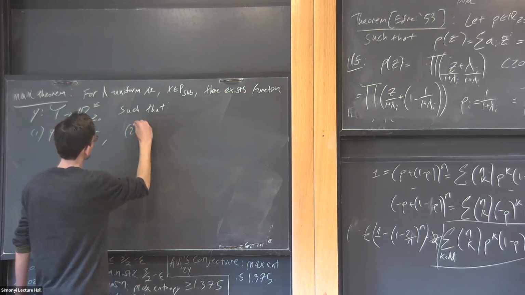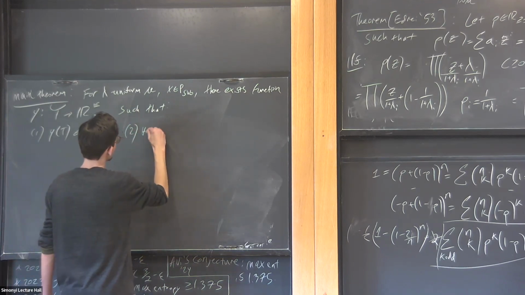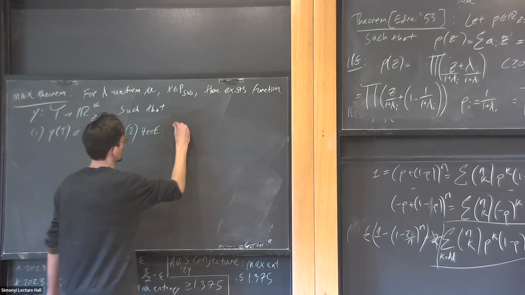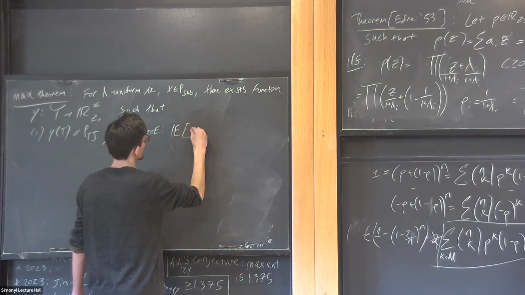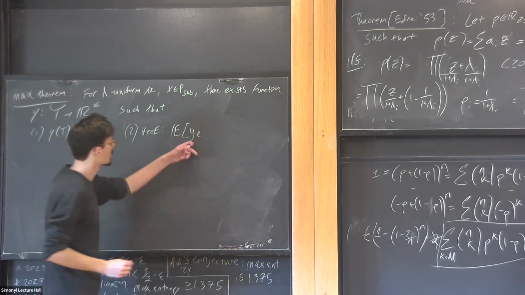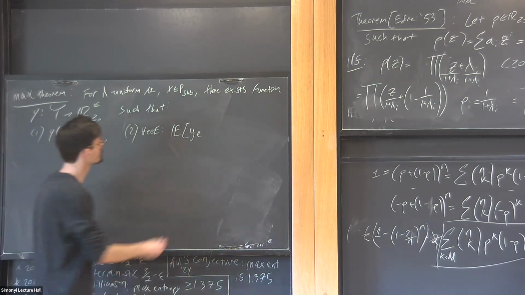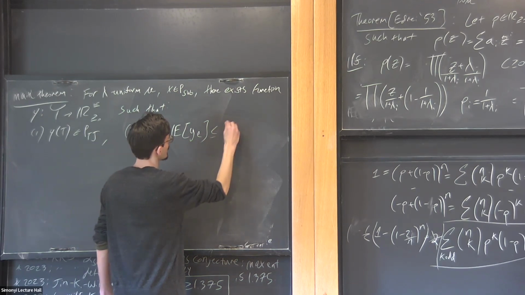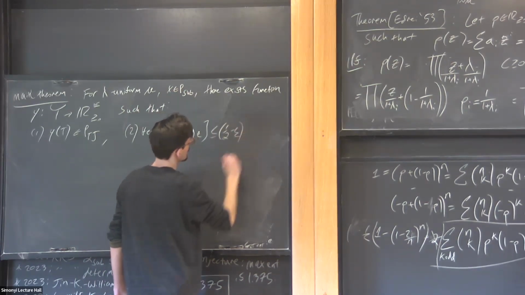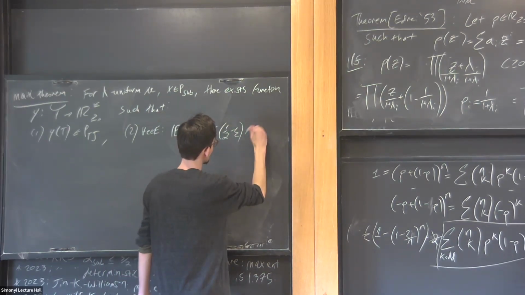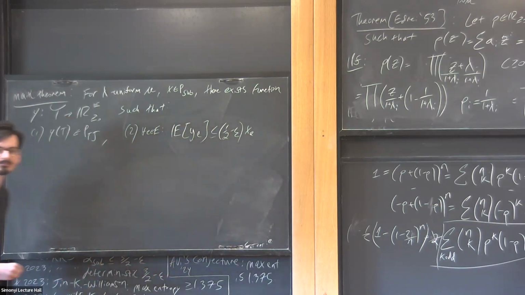And second, for all edges, the expected value of y_e, where y_e is a random variable over the choice of the tree T, is at most 1/2 minus epsilon times x_e. This is our main theorem.